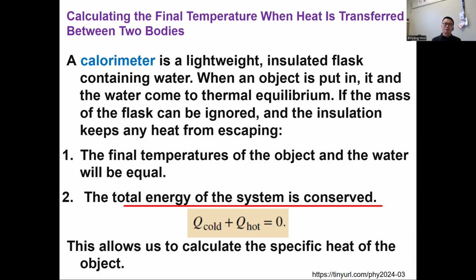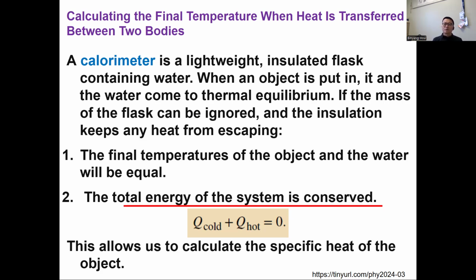The application of this is a device called the calorimeter, which is lightweight, an insulated container, typically using water, and you can put another material into this calorimeter, for example a heated metal or something else. Then you can measure the initial and final temperature, and calculate the heat capacity of this unknown substance to identify it.